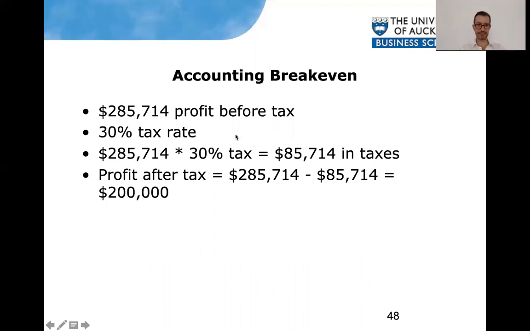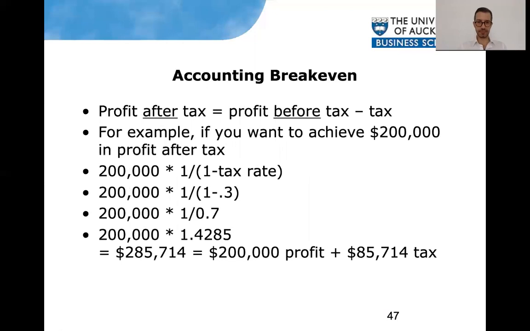It is exactly the same calculation. If you generate a profit before tax, you will pay 30%, which is $85,000 in taxes. So after tax will be $200,000. I know that this sounds a little bit complex, but all you need to remember is profit before tax times 1 divided by 1 minus tax rate, which in this case is 30%.